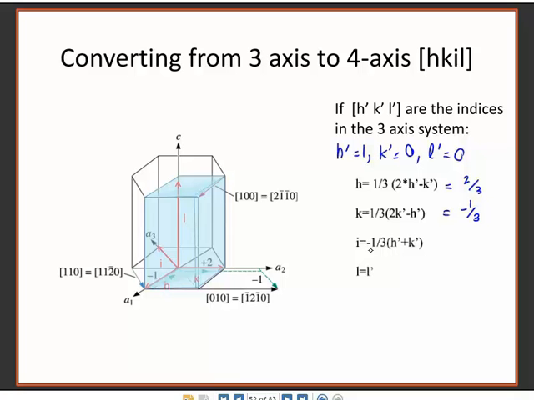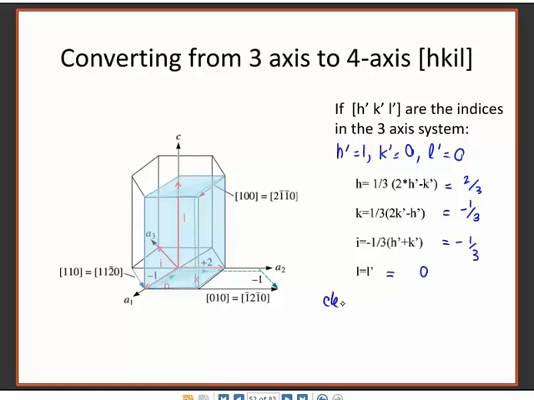The I is going to be minus 1/3 times H plus K. H plus K is 1. That's going to be minus 1/3. And finally, the L is simply equal to L prime, which is 0. We have 2/3, minus 1/3, minus 1/3, 0.